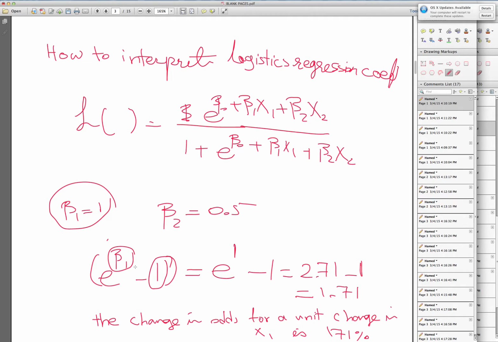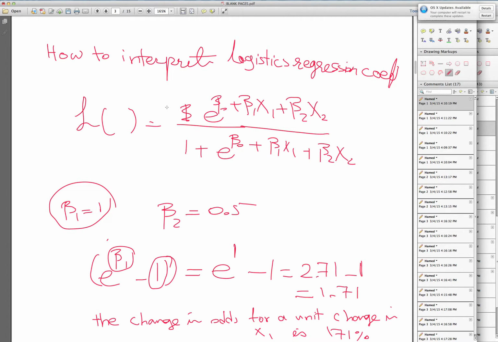So in order to interpret that, you just put it in the power of exponential, take one value out of it, and that number you get would give you the percentage change in odds for a unit change of your dependent variable.